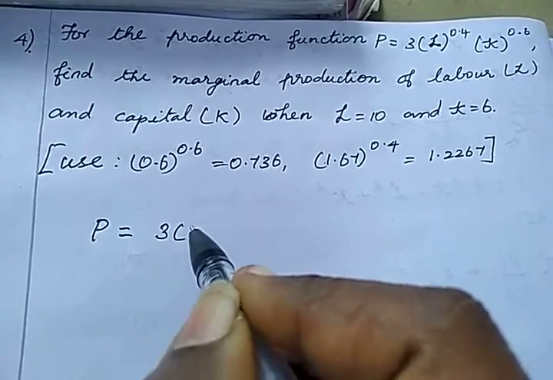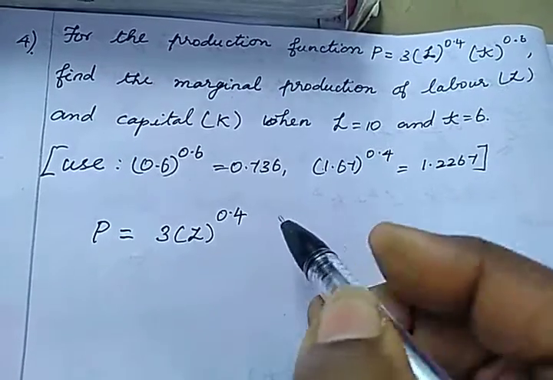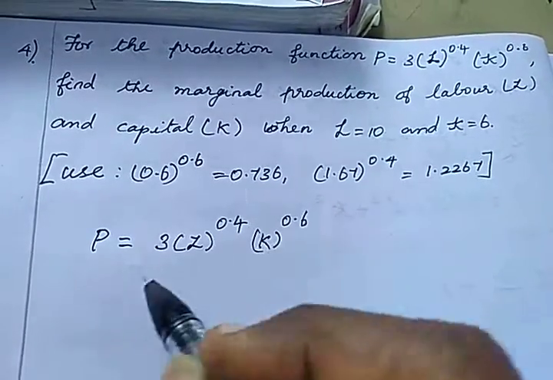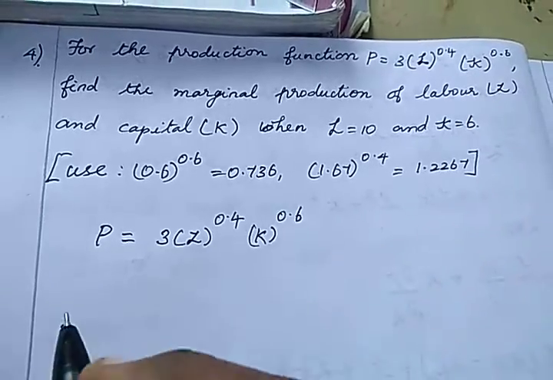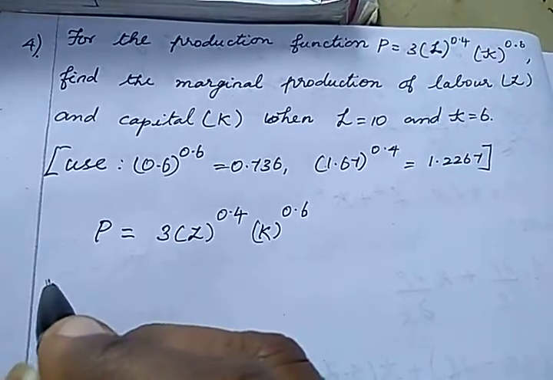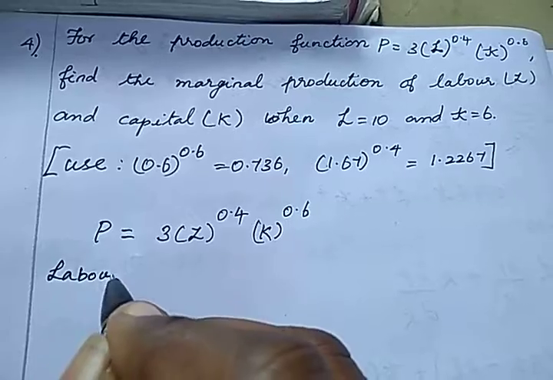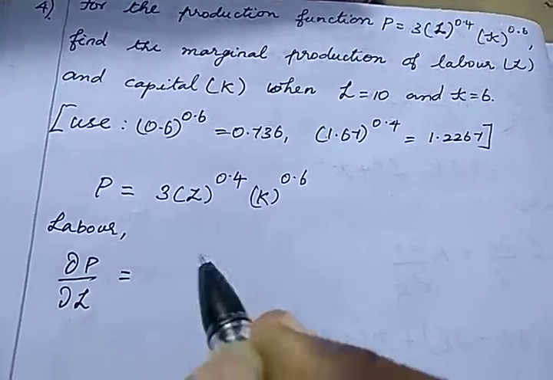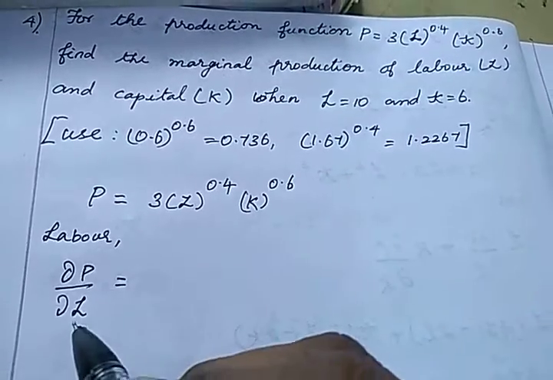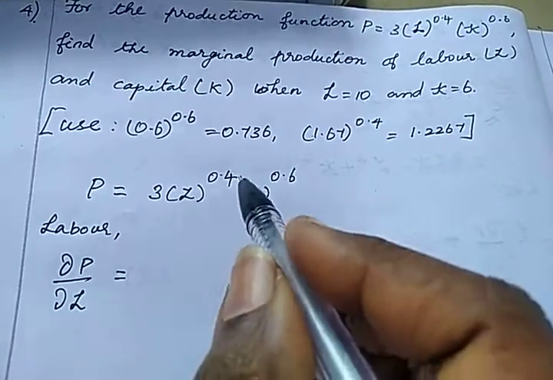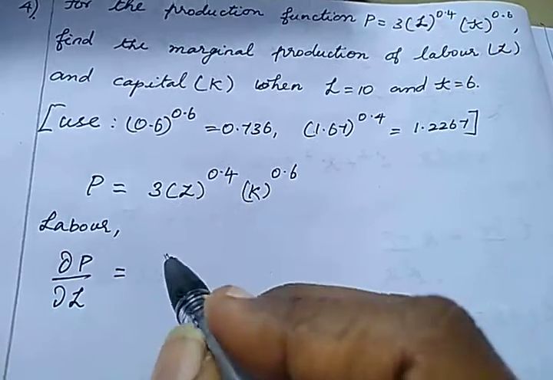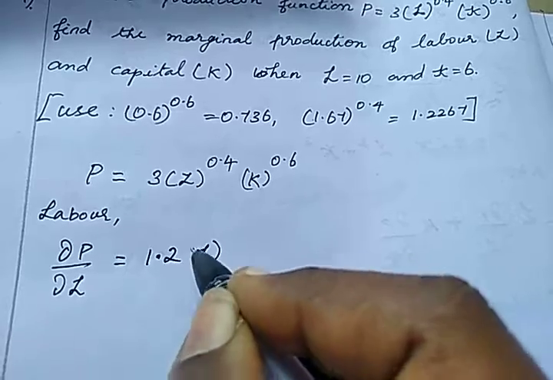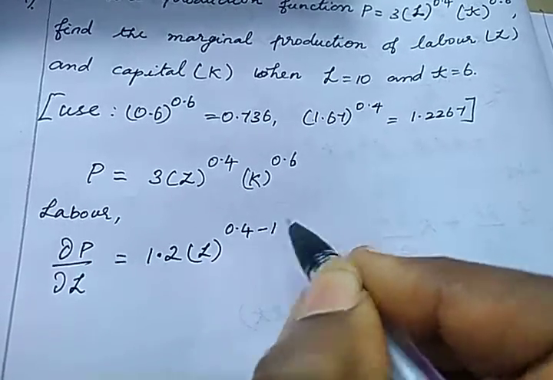P equals 3L to the power 0.4 K to the power 0.6. So marginal production of labor we are going to find out first. So dou P by dou L. We have to differentiate the given production function with respect to L. So 3 into 0.4, 1.2, L to the power 0.4 minus 1.